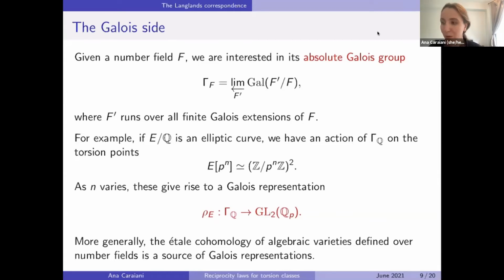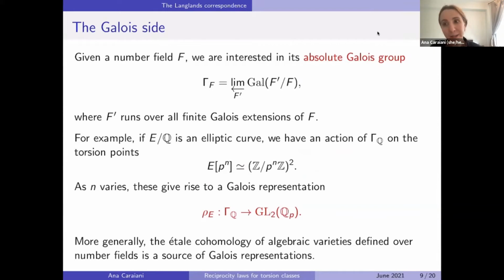And so you can view your p^n torsion points, on one hand, as (Z/p^nZ)^2 by thinking about what the p^n torsion points on a one-dimensional torus look like. On the other hand, they're also equipped with an action of the absolute Galois group of Q, which comes from the fact that really the coordinates of these points are algebraic numbers.